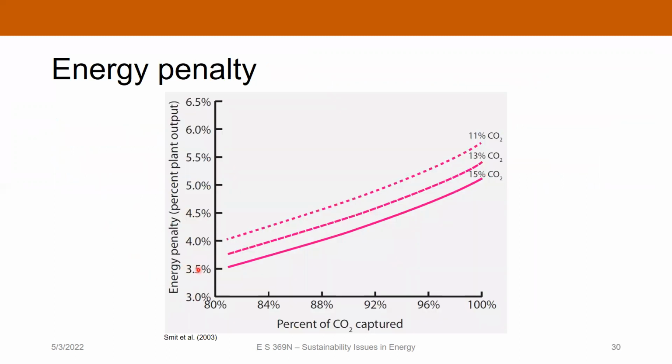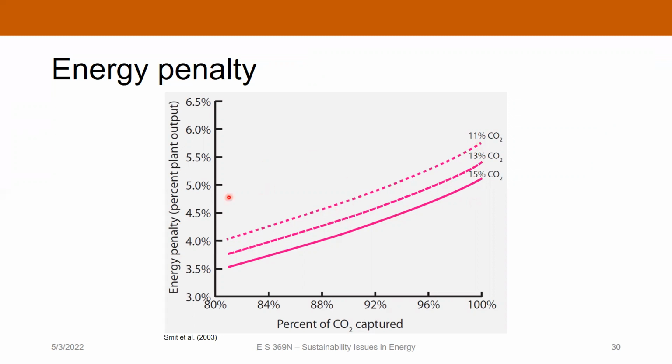Here's a plot of energy penalty as a function of the percent of CO2 captured for different concentrations in the incoming gas stream. So again, what you notice is that as you increase the concentration in the incoming gas stream, it takes less energy to separate it, which we just showed with thermodynamics.